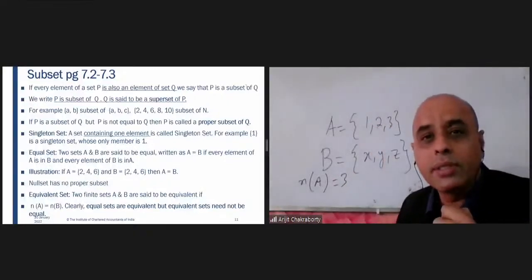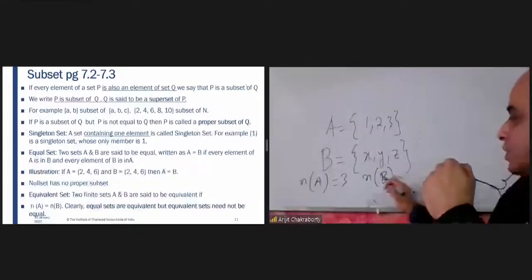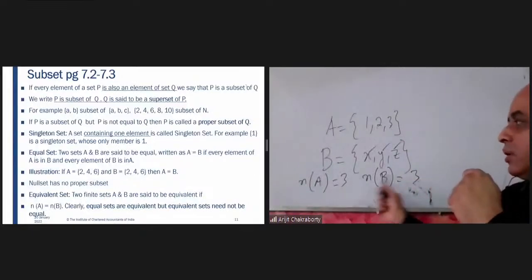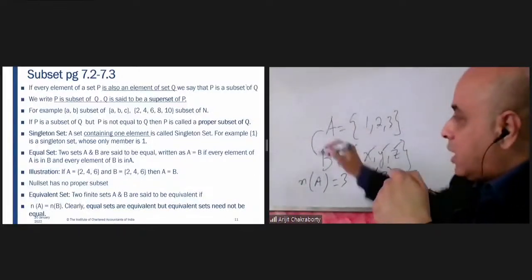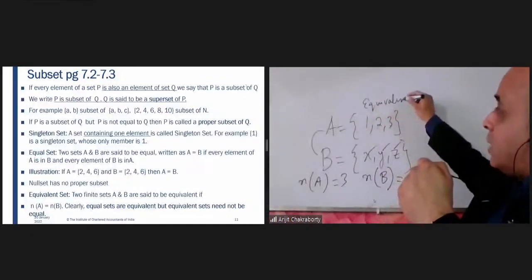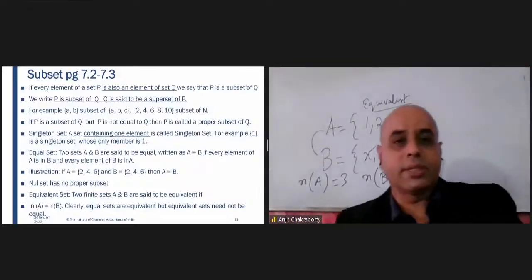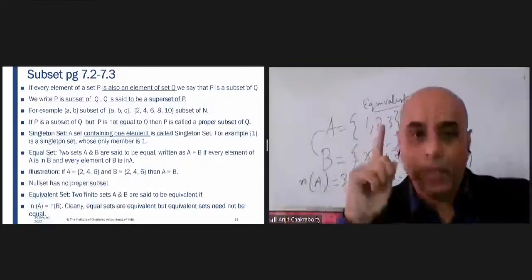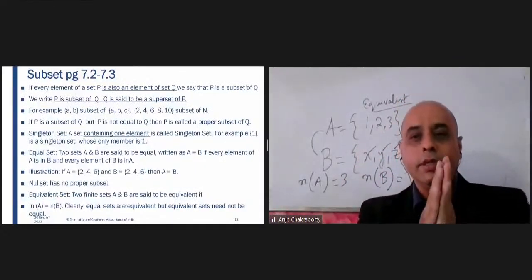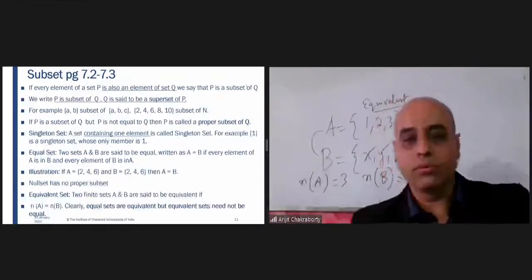How many elements are there in set B? That means what is the number of elements of set B? 1, 2, 3. So both have the same number. So we can say A and B are equivalent. Please note I am writing equivalent, but I am not writing equal. It is not an equal set. It is an equivalent set because the number of elements in one set is equal to the number of elements in the other set. Okay, so it is equivalent set.